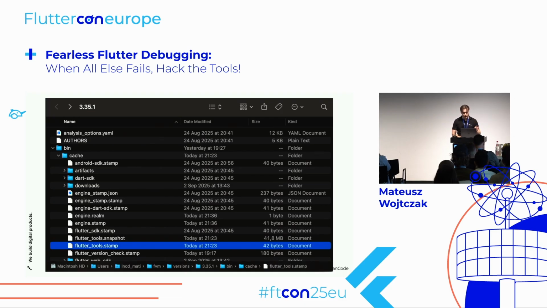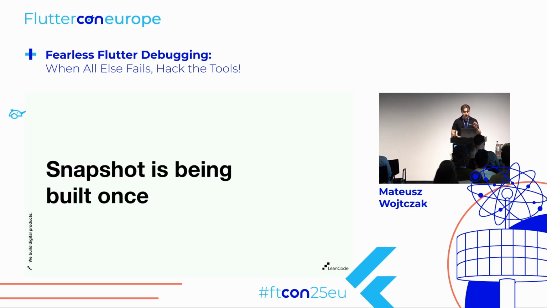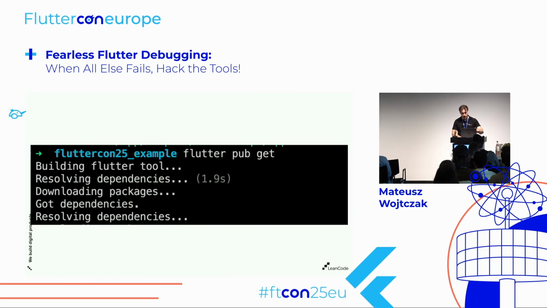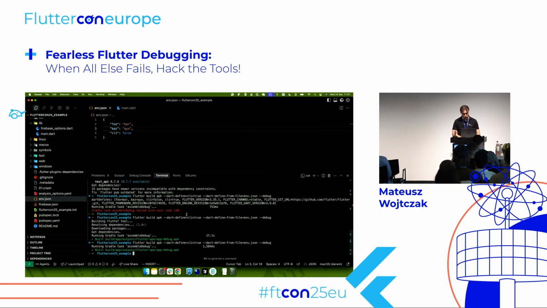But these two files are essential because the Flutter tooling looks for them, and if they exist, it won't recompile. So you have to delete them, because the snapshot is built once, right? So we want to achieve the situation where it's building Flutter tool when you run the command. Because if you can see "Building flutter tool", you know it is exactly from the code that's on your computer. So how to achieve that?